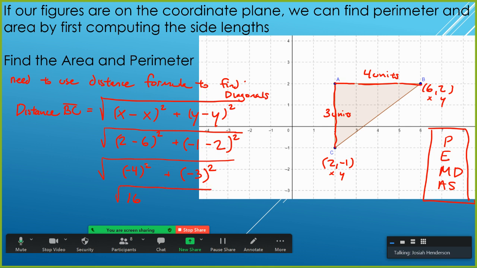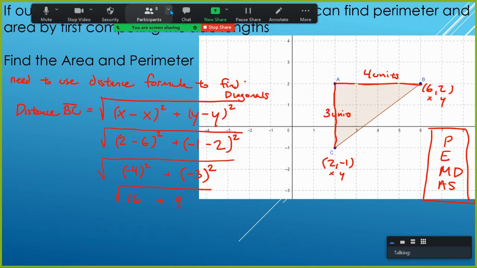Remember, a negative times a negative, or a negative squared, is always positive. So this gives us 16 plus 9. We add those, and what is that? 25? Double check me. Now we take the square root, which is 5. So the distance from B to C, the length of that side, is 5 units.